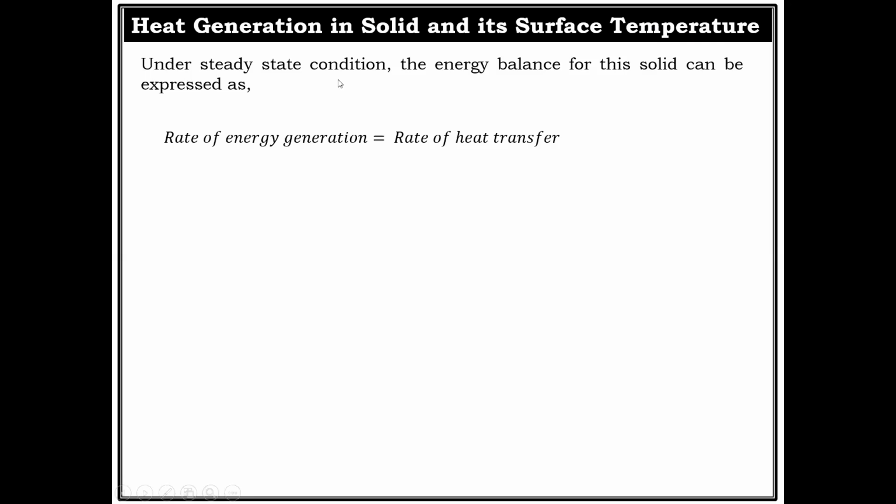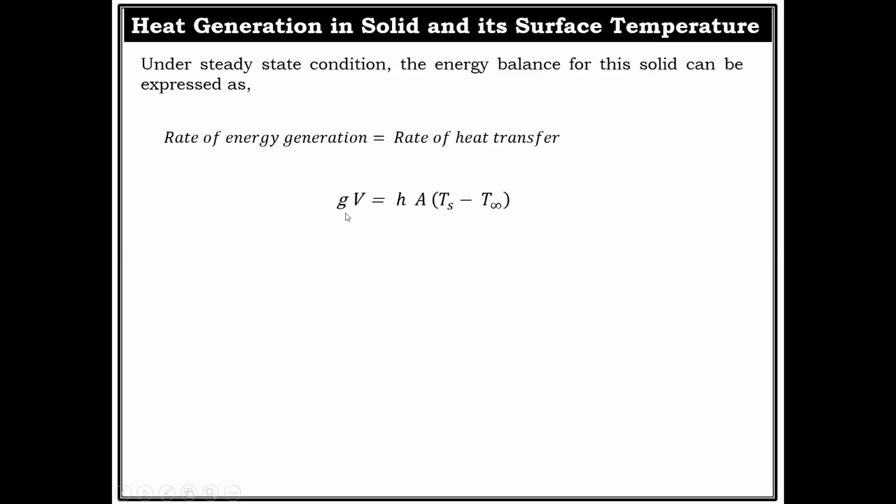That is the steady state condition. At that condition, the rate of heat generation equals the rate of heat transfer. Whatever heat is generated will be removed, so it must be balanced.